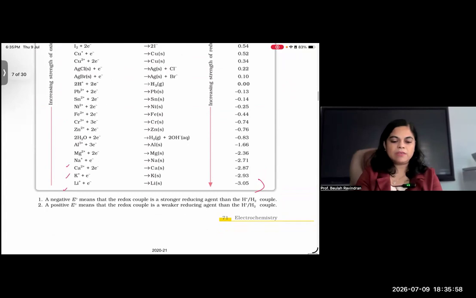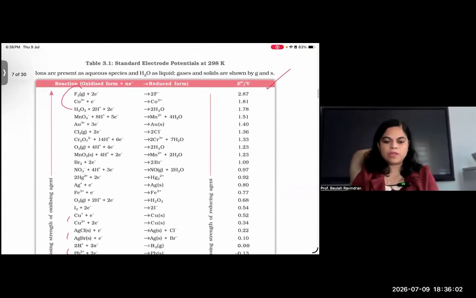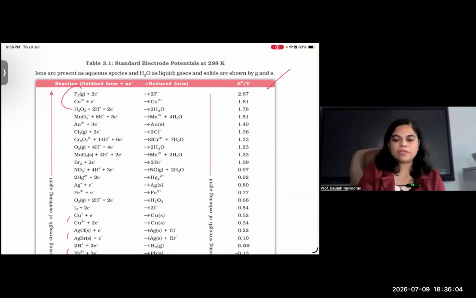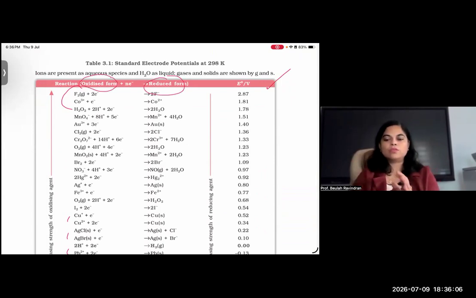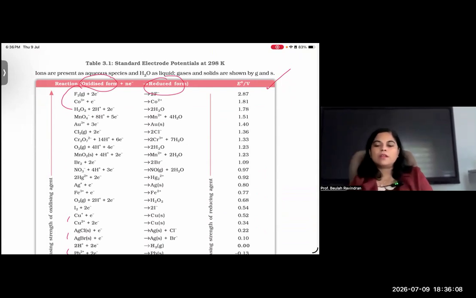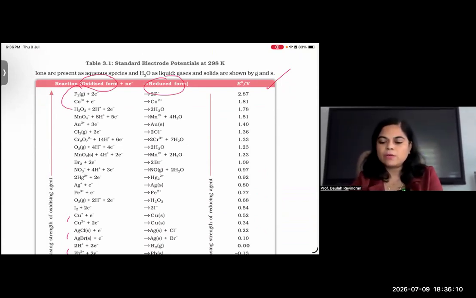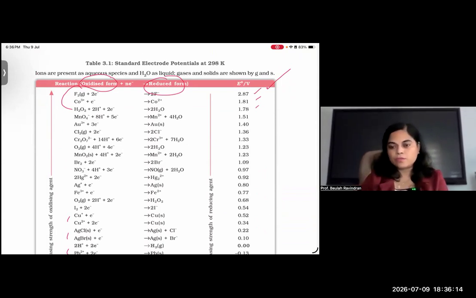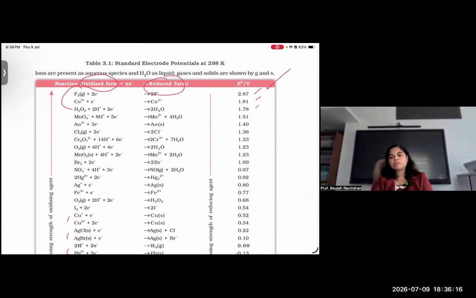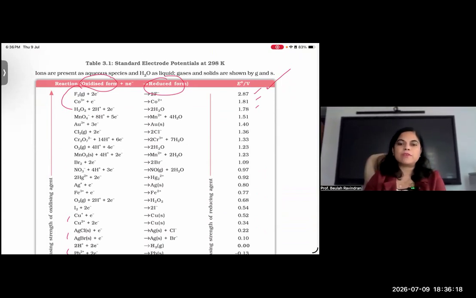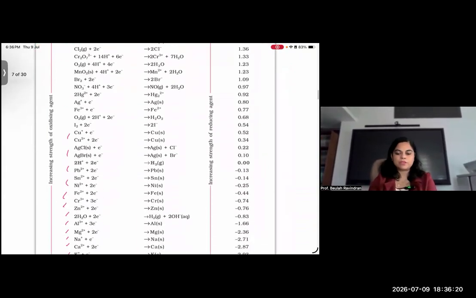You'll be asked any of the equations from this, both in the form of oxidation and in the form of reduction, so you have to learn both. Then you can calculate the ranges of electrode potential: which has higher electrode potential, which has lower, which is positive, which is negative. You can make observations.